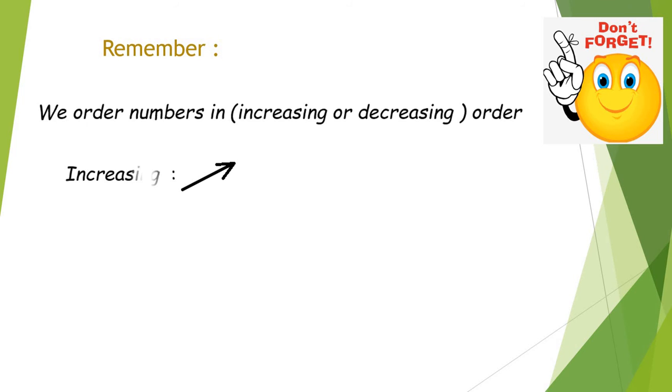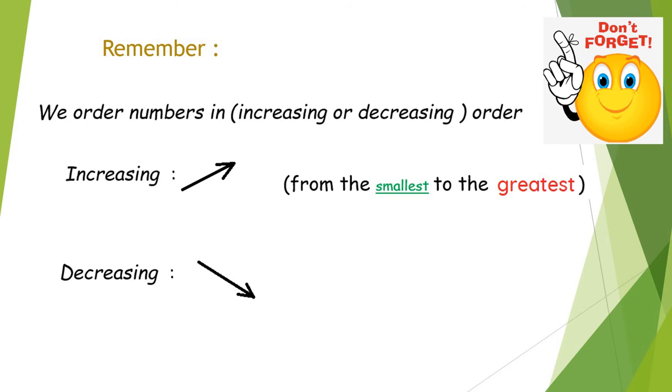So from now on, if I say please order the following numbers in increasing order, you have to order the numbers from the smallest number up to the biggest and greatest number. And if I ask you to order the numbers in decreasing order, you need to order all the numbers from the biggest or greatest number down to the smallest number.